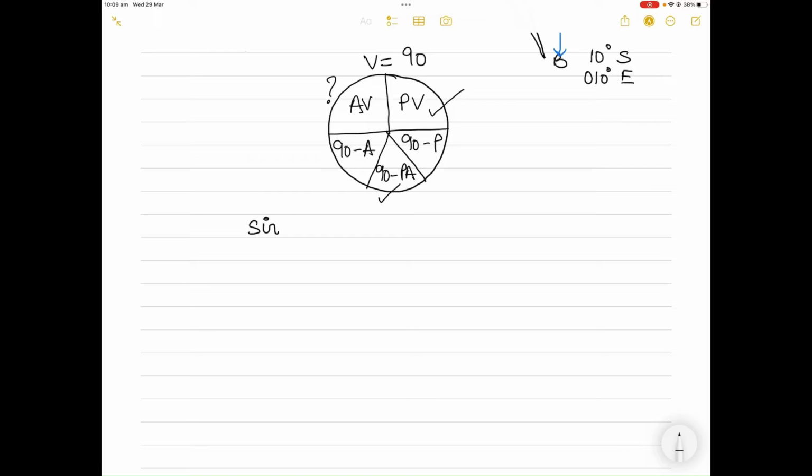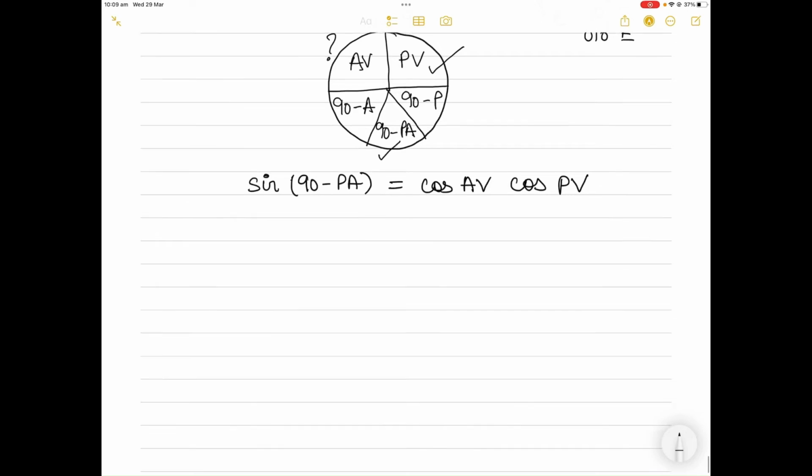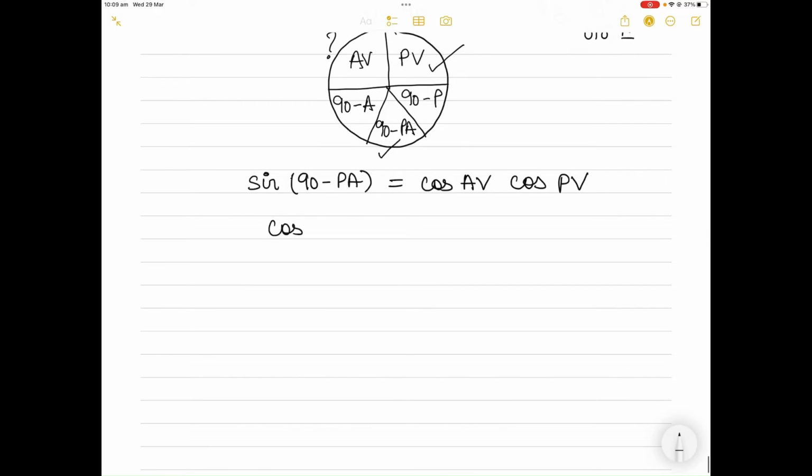So if the two that I know and the one that I don't know were adjacent to each other, I would use the rule of tan of adjacents. But if they are opposite, like in this case, I will use the rule of cosines.